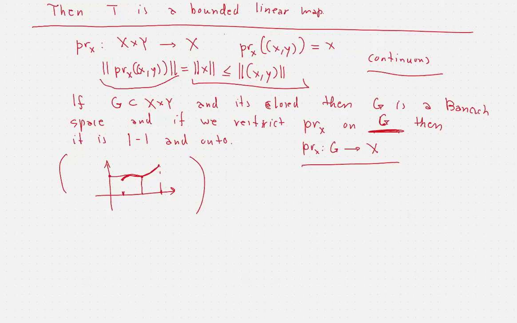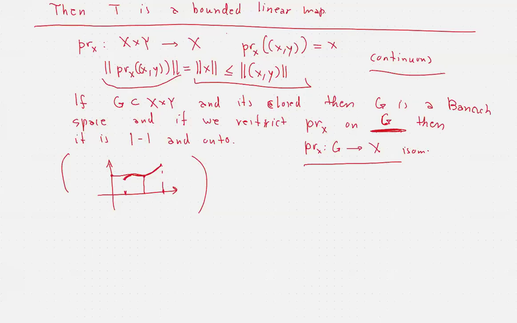So that tells us that this is an isomorphism between the two Banach spaces. So isomorphism means exactly that the two Banach spaces are really very, very similar objects. Or for practical purposes, it means that the inverse map from X to G is continuous. That's all that matters here.